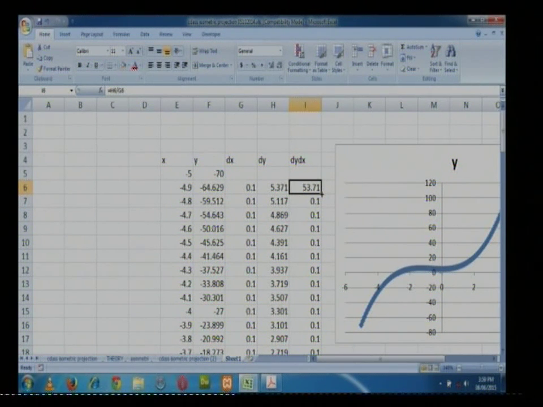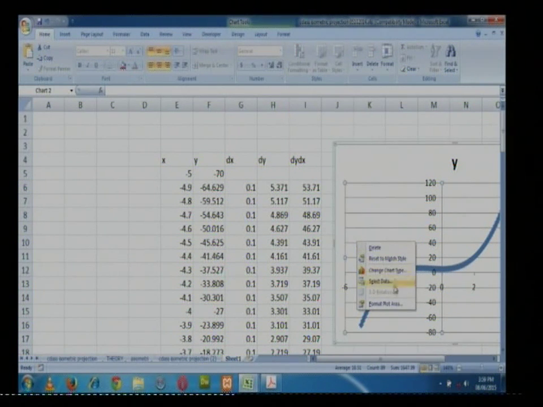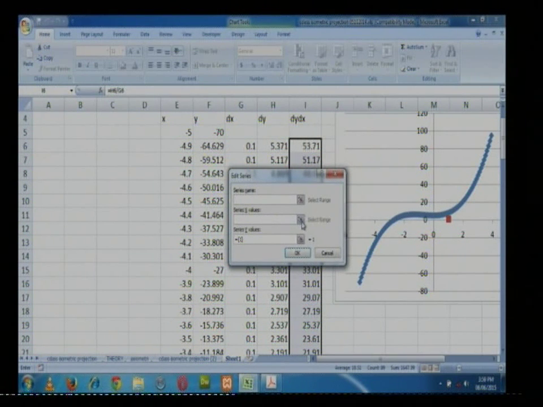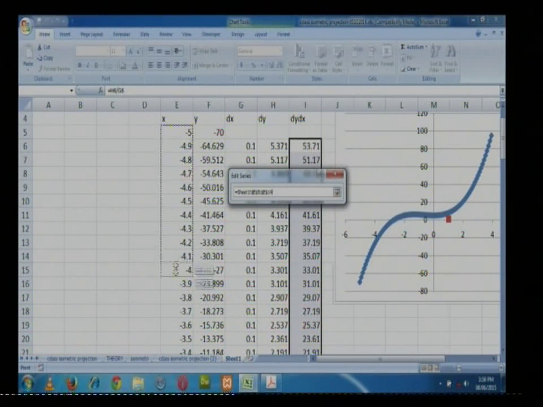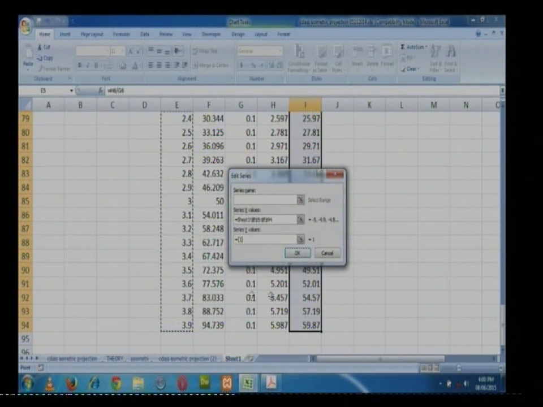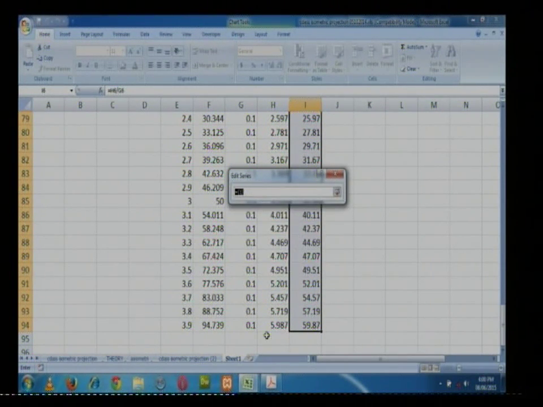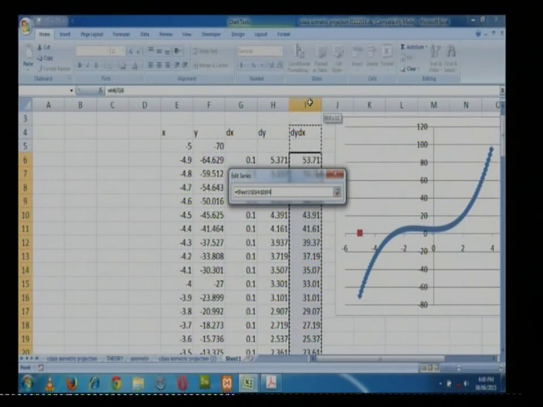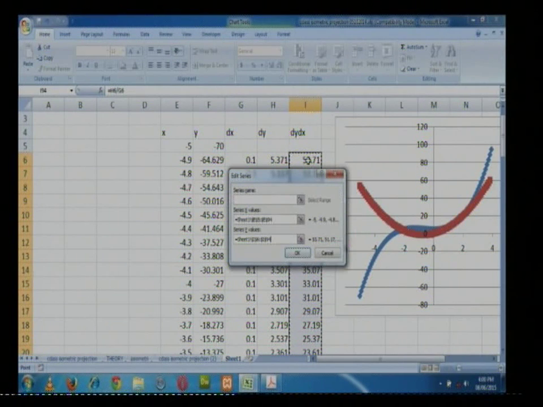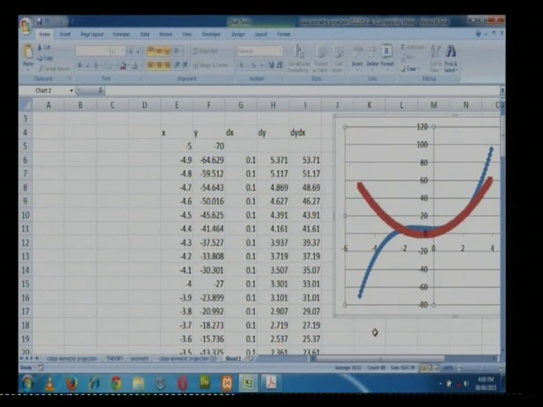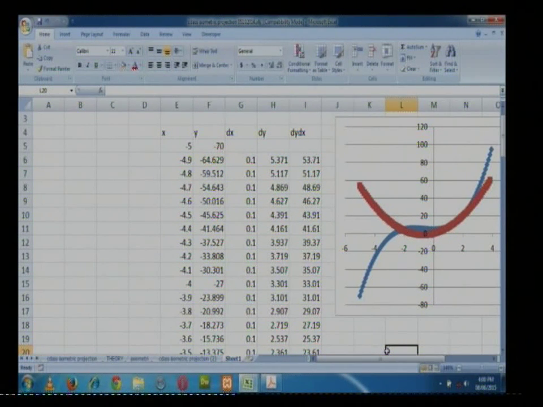Now what do we put? So, I have calculated dy dx.